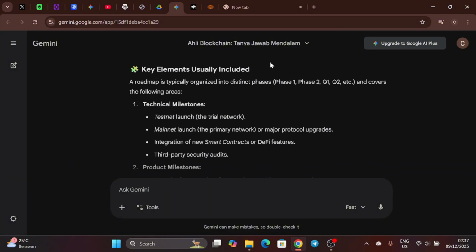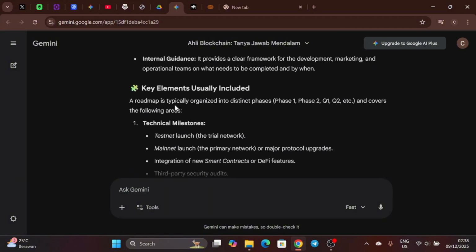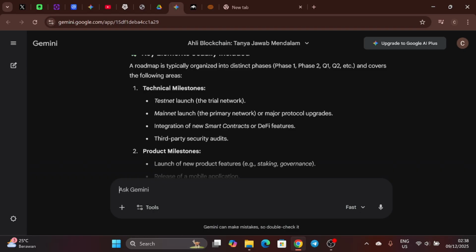All right. The key elements usually included in a roadmap: a roadmap is typically organized into distinct phases, Phase 1, Phase 2, Q1, Q2, etc., over the following areas. Technical milestones: testnet launches and mainnet launch, major protocol upgrades, integrations, new smart contract and DeFi features, and third-party security audits.